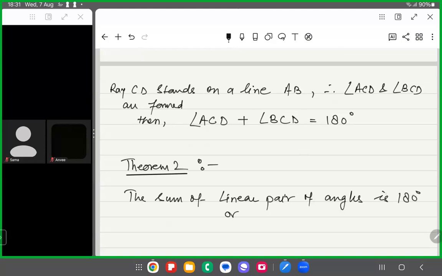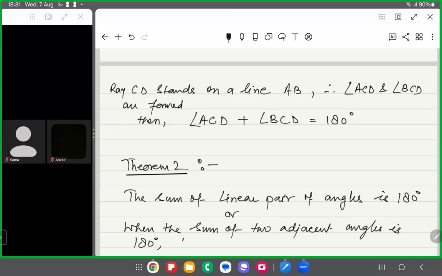Or you can say, other way to say this, when the sum of two adjacent angles is 180 degree, then they are called as linear pair of angles, right?